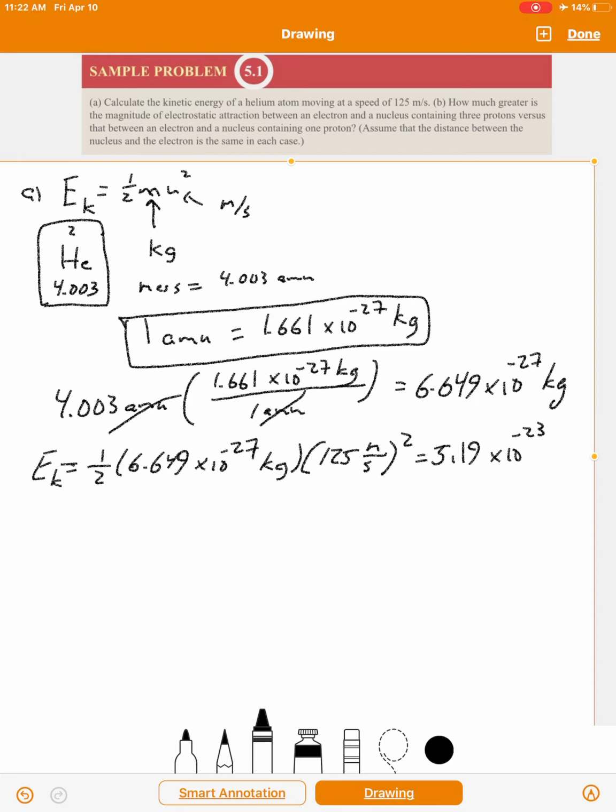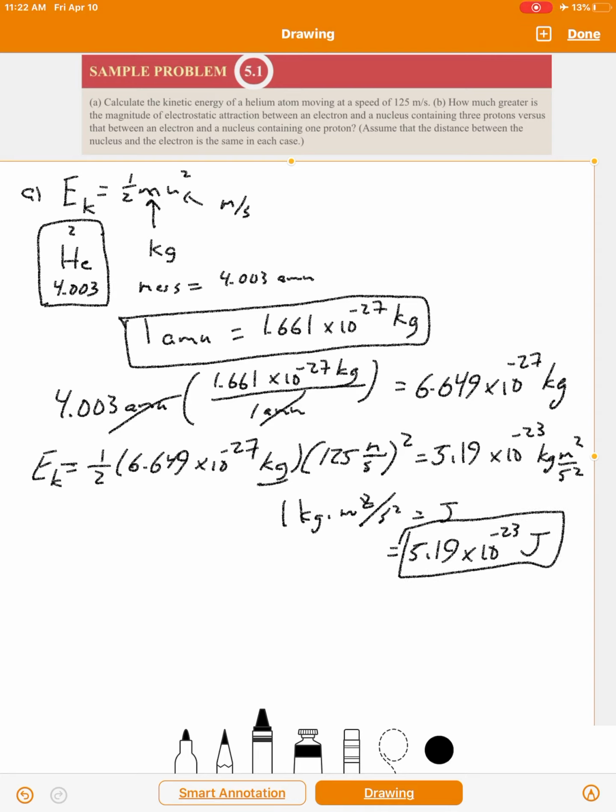What are the units? Kilogram meter squared per second squared. But that's a joule. So this is 5.19 times 10 to the minus 23 joules. Pretty small number, right? One little helium atom doesn't have very much, even if it's moving pretty quickly. All right, so there's your kinetic energy.